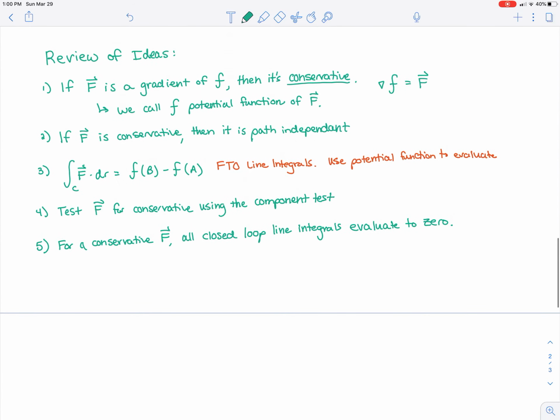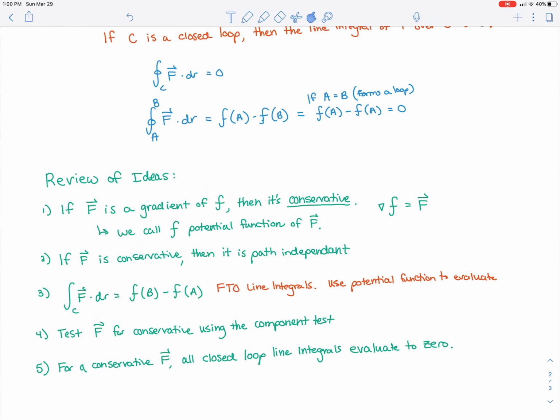That's what we talked about here, because the starting and end points will be the same.